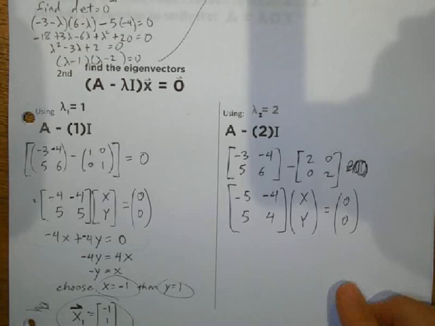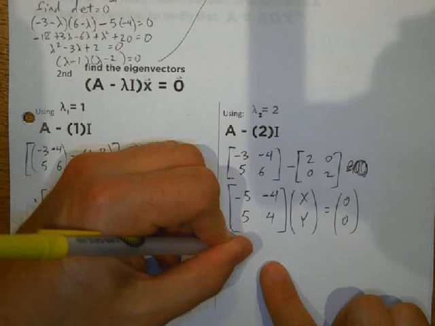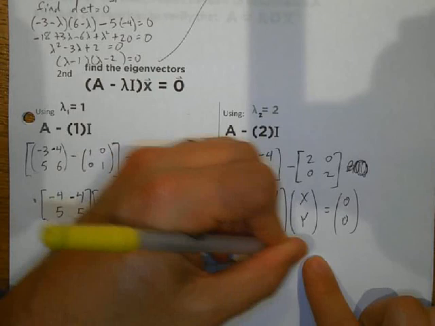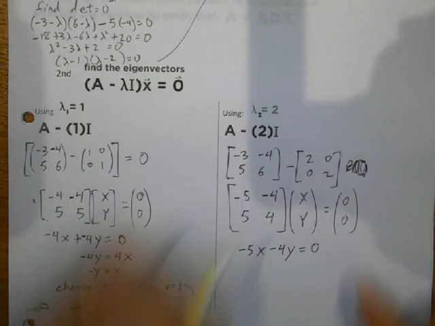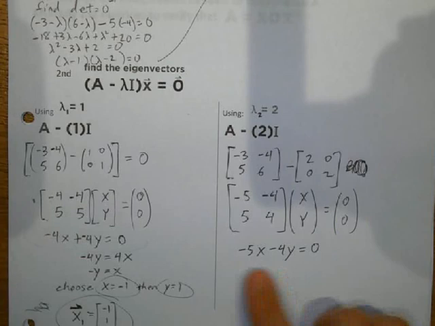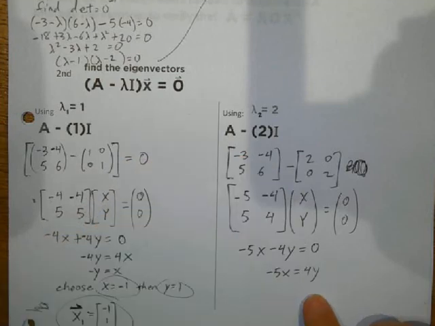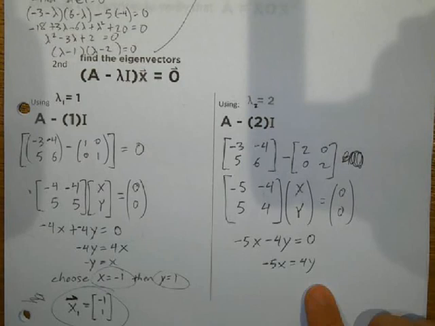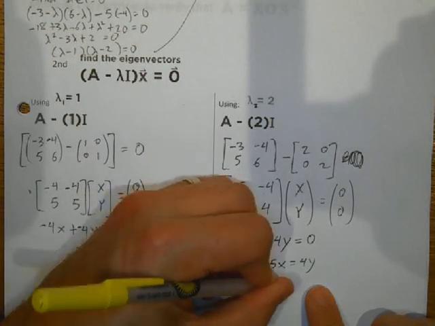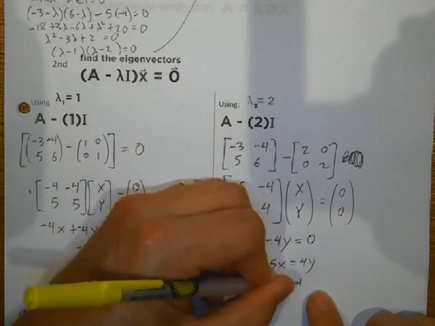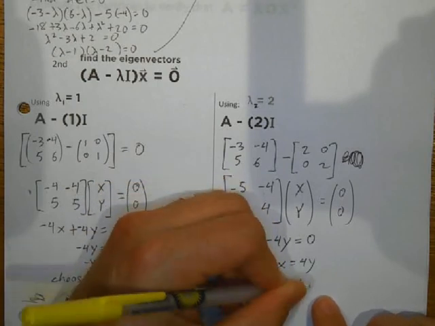Okay. So now I'm going to get my equation. So I do -5 times x, which gives me -5x. -4 times y, which gives me -4y. And then that's going to be equal to 0. Okay, so I can add 4y on both sides, and I have -5x equals 4y. And I can divide both sides by -5, and I get x equals -4/5 y.